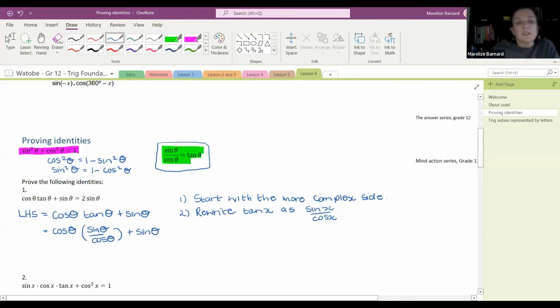Okay, now we can simplify this. So cos theta times sine theta divided by cos theta, that is going to divide equally. So we get sine theta plus sine theta, which is 2 sine theta. And that equals the right-hand side.